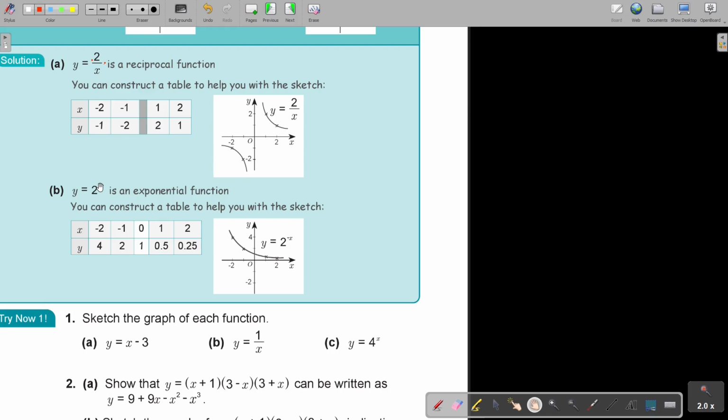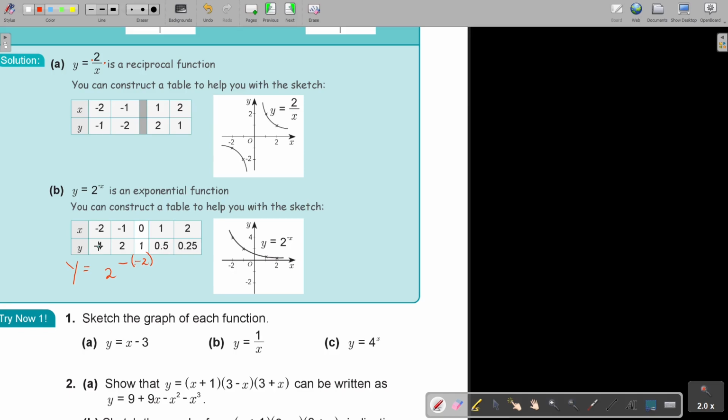So now again a sketch will help you. So then I go 2 to the power negative 2. And if you substitute it, I'm just going to do 1 for you. 2 to the power, okay, but now remember it's negative, negative 2. So it becomes 2 to the power positive 2, and that's why it's 4.